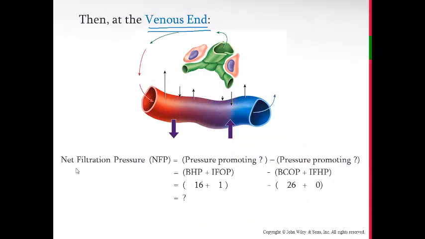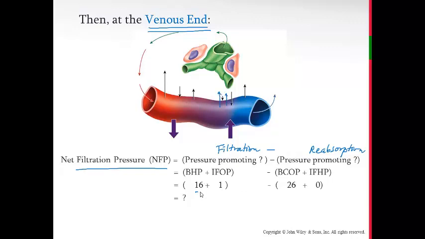So here we have the same equation, which is your net filtration pressure equals pressure promoting filtration minus pressure promoting reabsorption. Over here we still have filtration going on, but it's a little bit weaker.